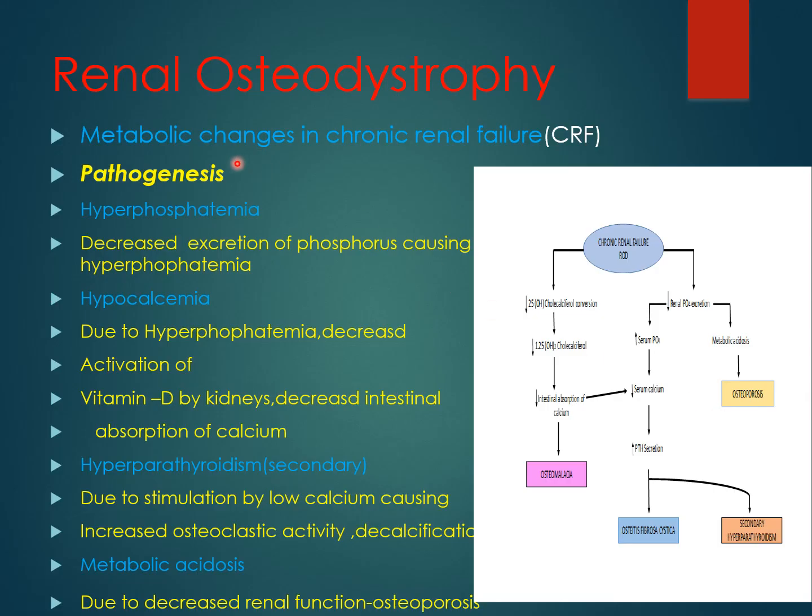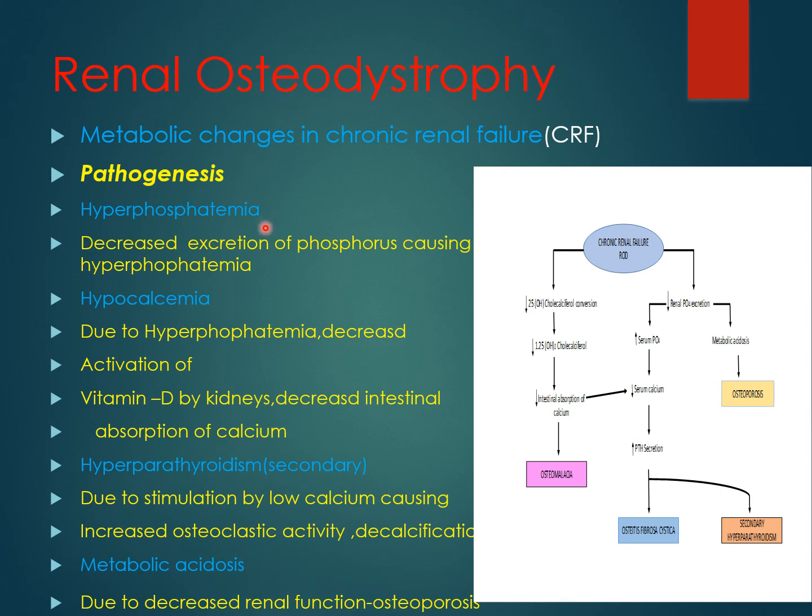Now a few words about renal osteodystrophy. This results because of the chronic renal disease, mainly because of end-stage kidney failure, and the bony changes occurring are known as osteodystrophy.